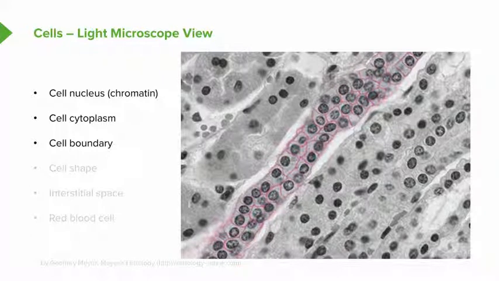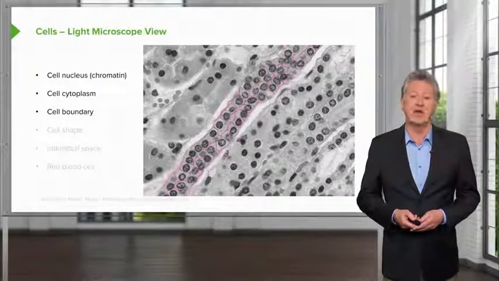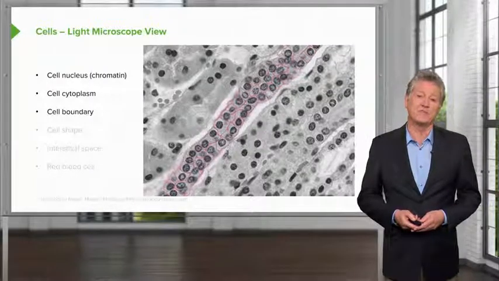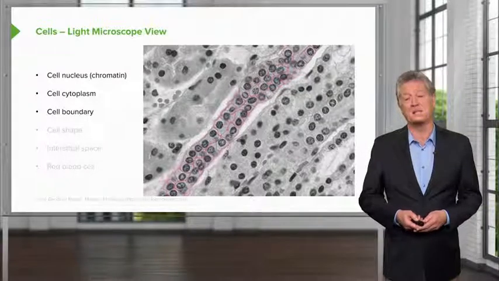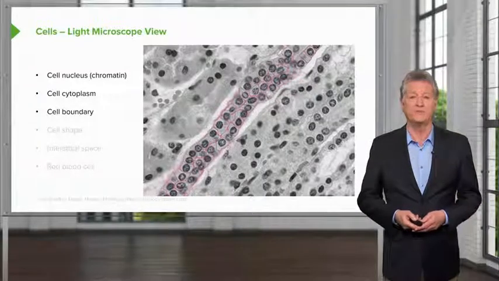The cell cytoplasm is bound on the external surface by a cell boundary. And if you look very, very carefully in the middle of the section, in the middle of this tubular structure that I've described to you, you can just see a fine pink line running between the cells. That's going to represent the cell boundary between one cell and its neighbour. That's where those cell membranes or the plasma membrane is going to be.